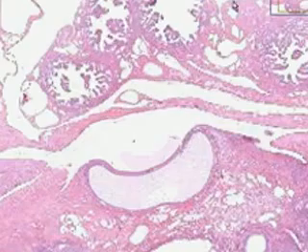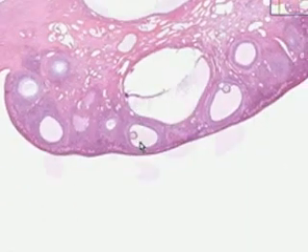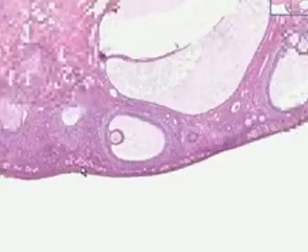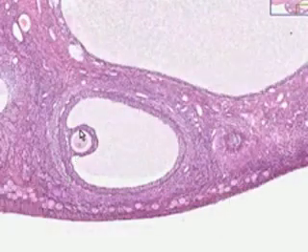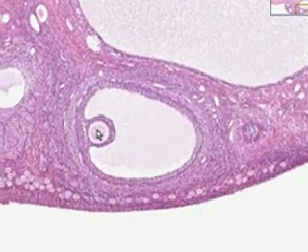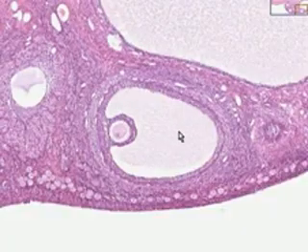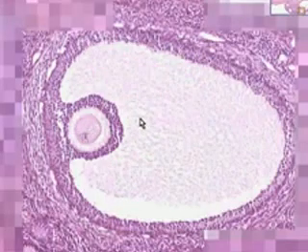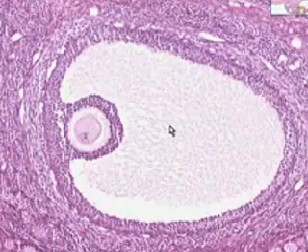And yes, sure enough, in this particular ovary, you can see granulosa cells surrounding the ovum. You can also see granulosa cells surrounding the whole follicle, and you can see a large antrum in here filled with liquor folliculi, very, very rich in estrogen.